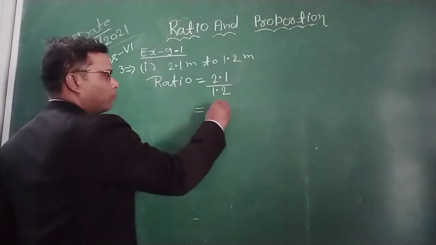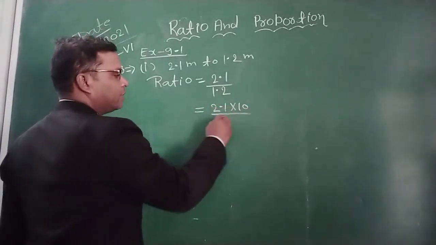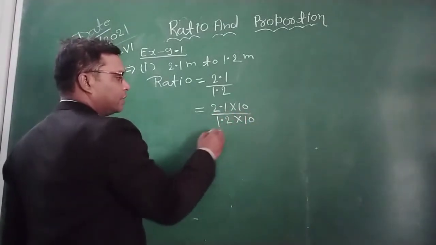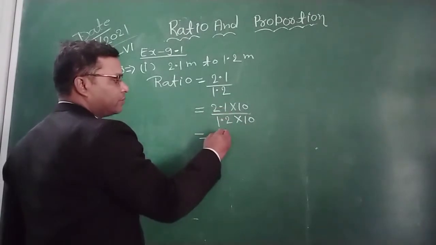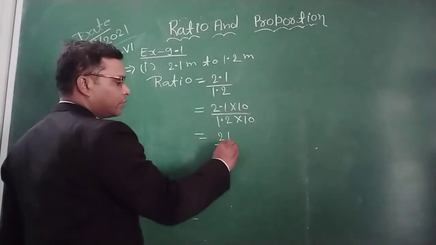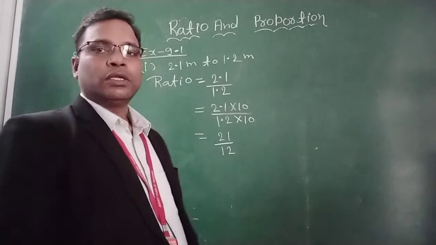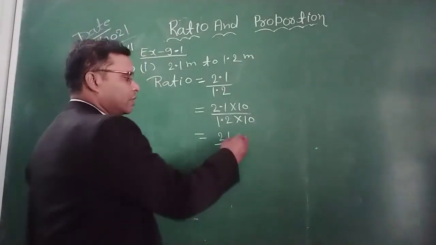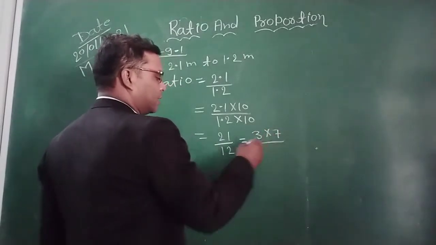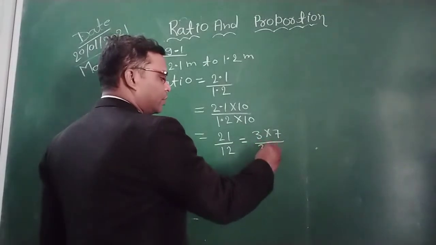So 2.1 into 10 divided by 1.2 into 10. Then it becomes 21 by 12. So 21 you can write as 3 into 7, and 12 you can write as 3 into 4.